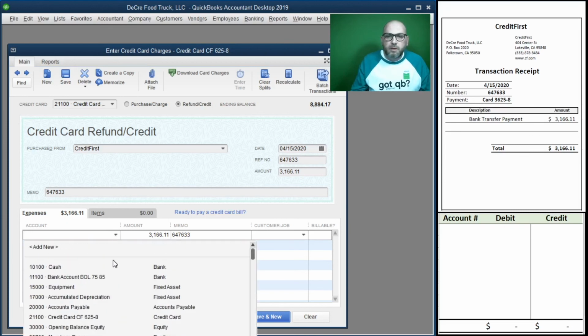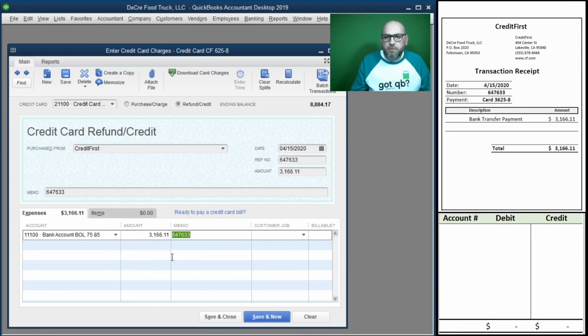All right, the money is coming out of our bank account, so we're going to select that. And again, it's very important to understand the debits and credits behind it. Once you do, you can post any entry and be fully confident that it posted correctly, right?